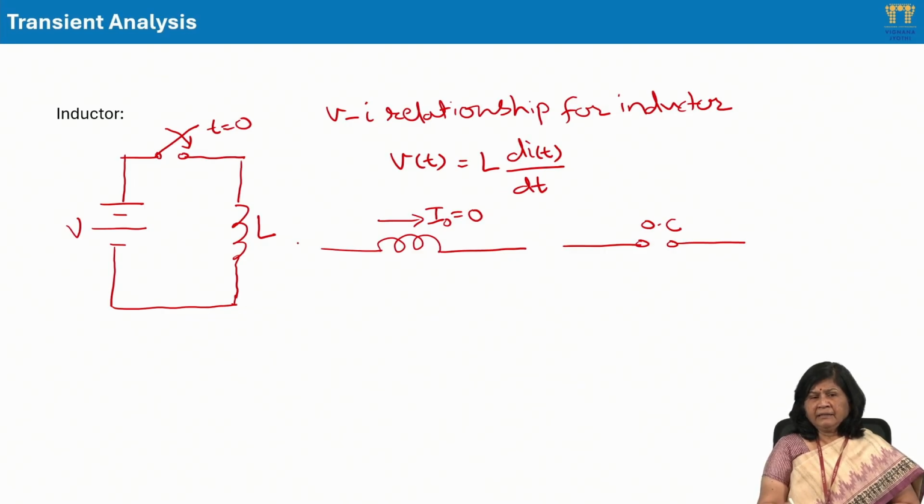Because the self-inductance opposes the cause of induced EMF here as per Lenz's law. So it takes time to develop the voltage across the inductor. That's why the inductor behaves like an open circuit.